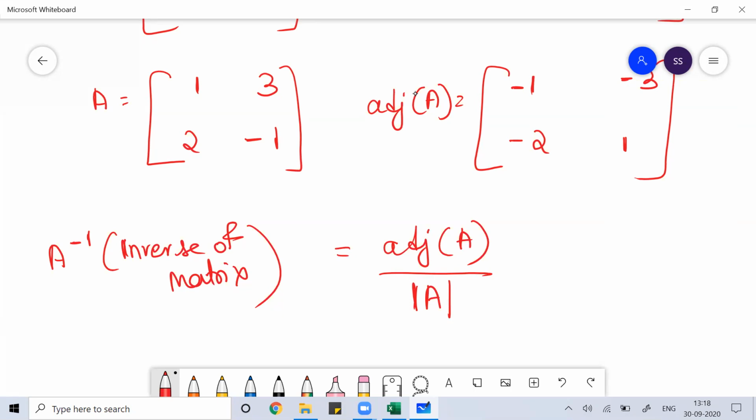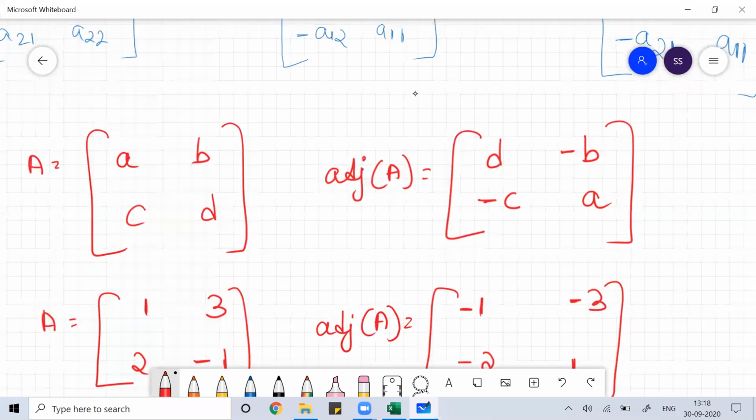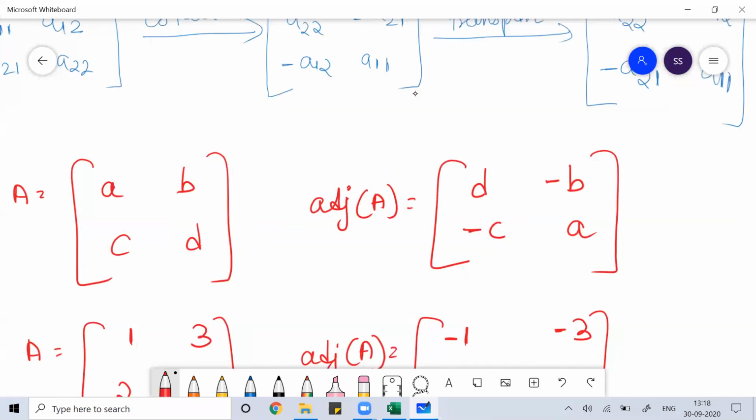How will you find the determinant of the matrix A, B, C, D? The formula of the determinant is AD minus BC. I hope you still remember it.